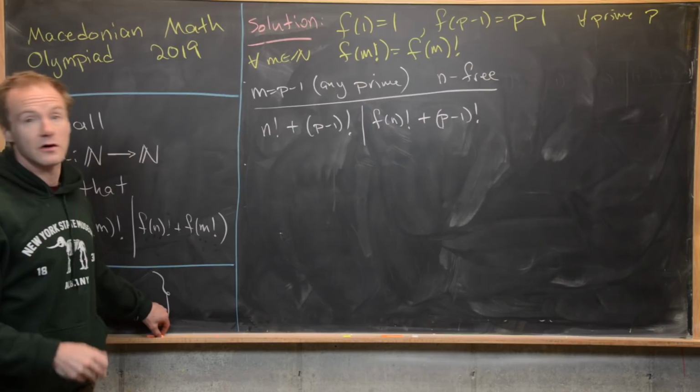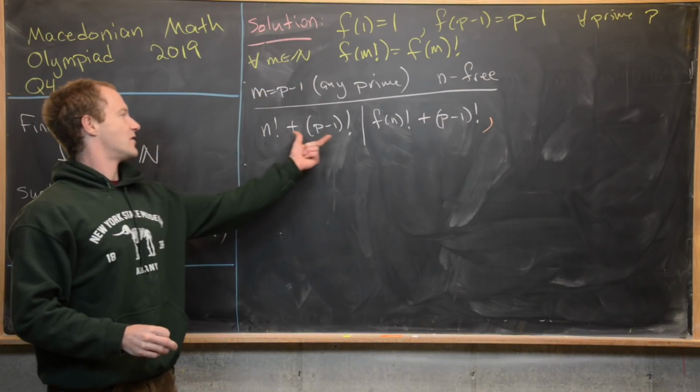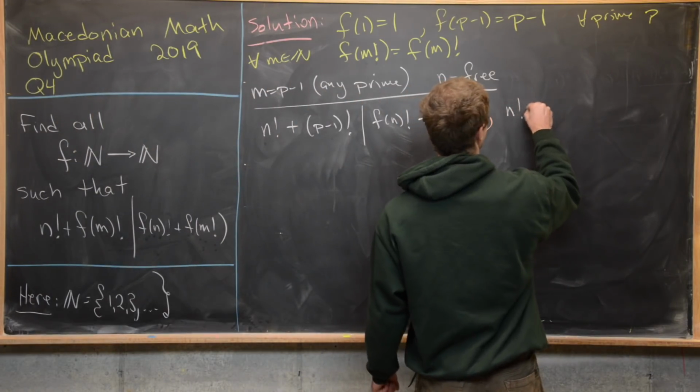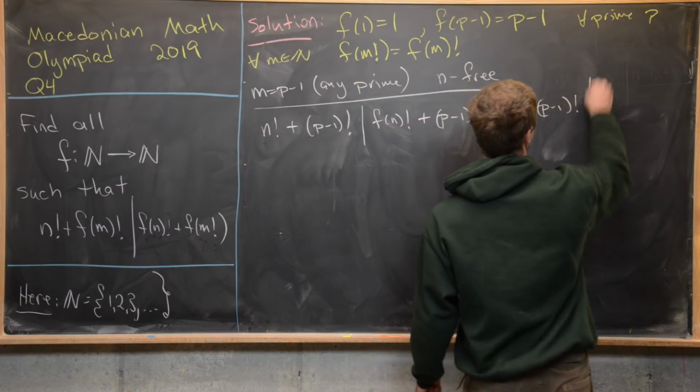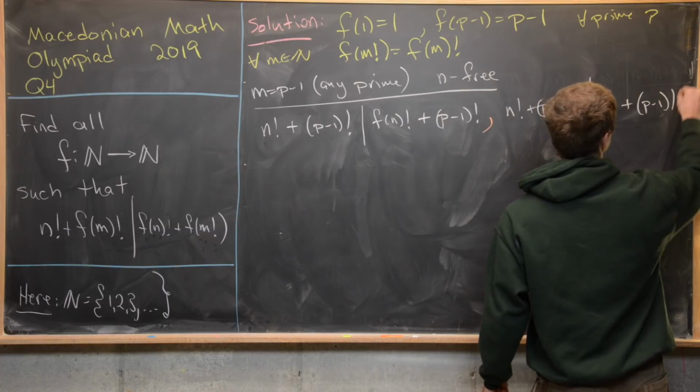Okay, now we're going to use the same trick that we did before, which was now this guy must divide itself. So we have n! + (p−1)! must divide itself.